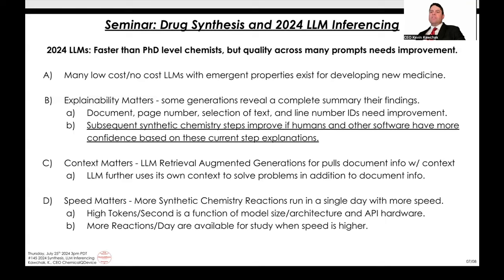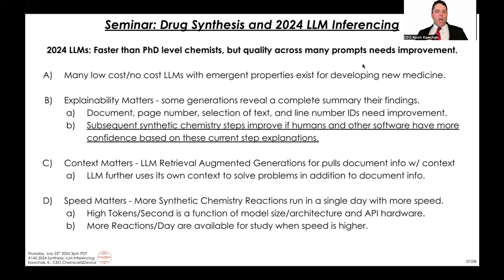If you're giving it tens of thousands of words, we need to double check that before going to the next step. High tokens per second is a function of model size, architecture, and hardware. A lot of times you just don't have access to anything close to what's running Llama 3.1, the 405 billion. Nobody has that. And ChatGPT 4o is proprietary, so we don't have access to that anyway.